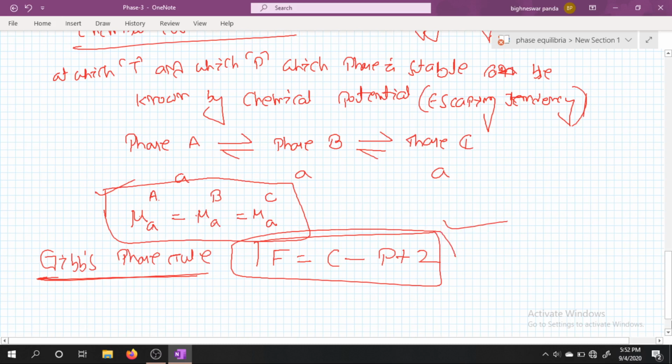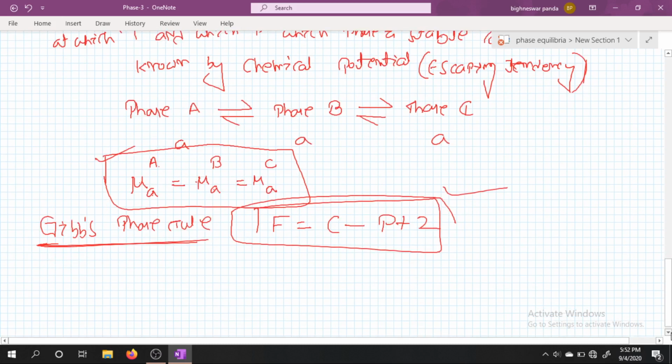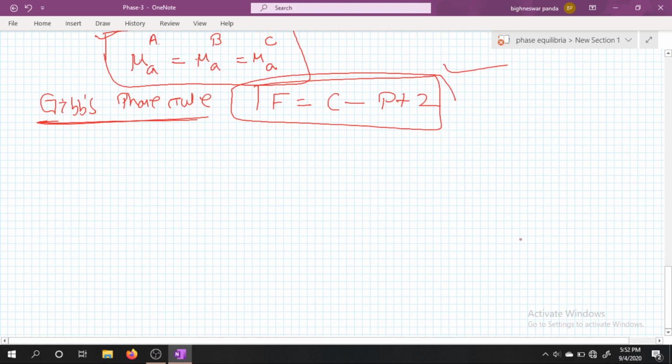For this derivation, what is the importance of the Gibbs phase rule?